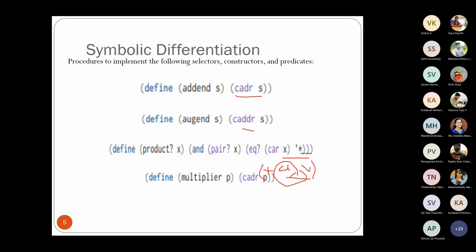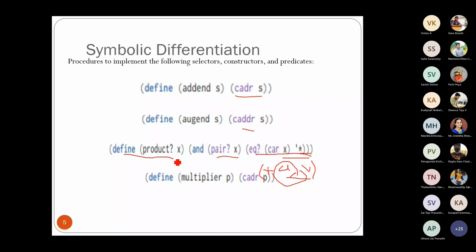Whether you have a product or not in the given expression. So product and given expression, first of all it should be a pair, and then in the list the first operator should be the multiplication. So car of x will retrieve you the first operand, and the first operand is equivalent to the symbol star. That is what we are doing here.